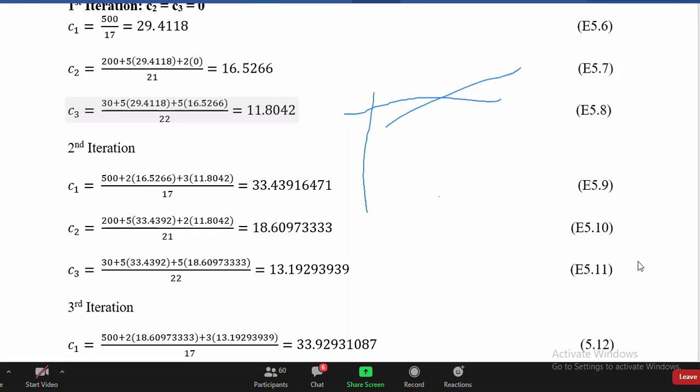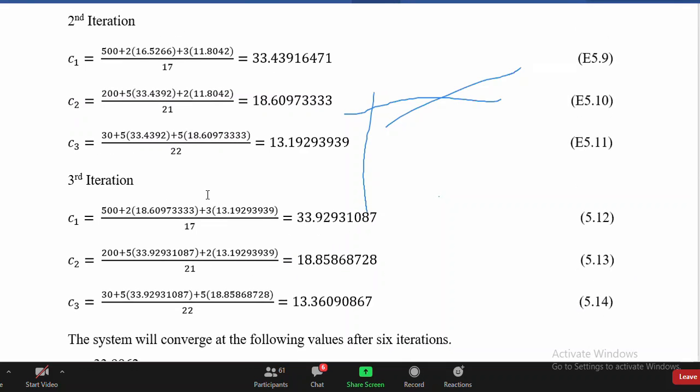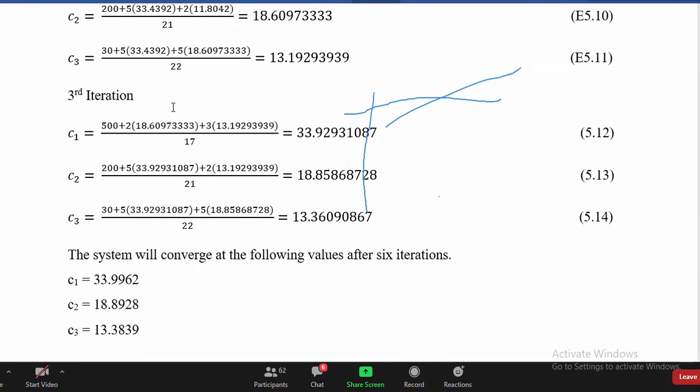Okay? Then the second iteration is finished. And you continue doing like that. Substitute c1.